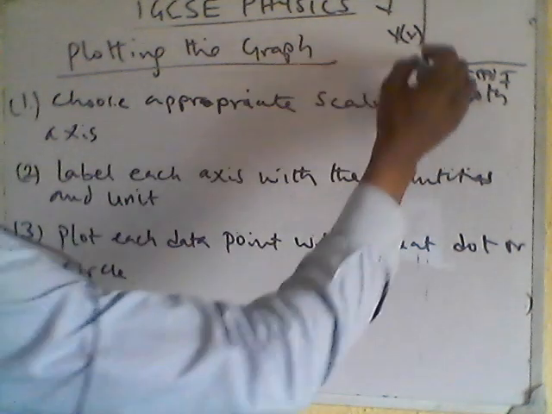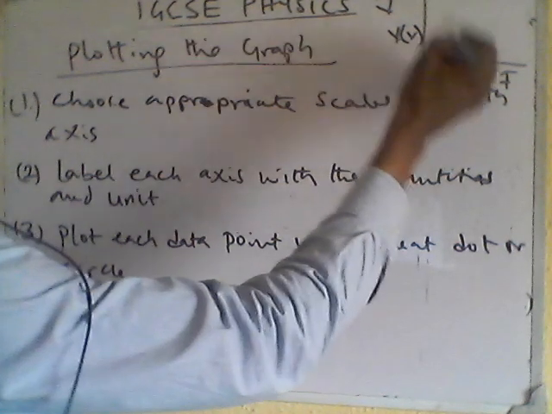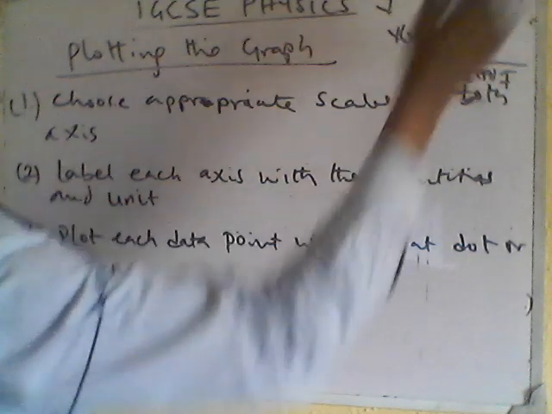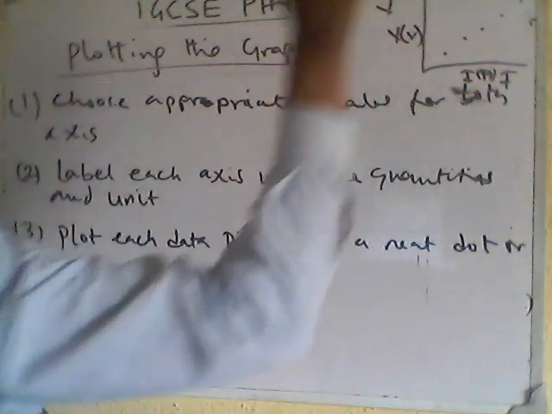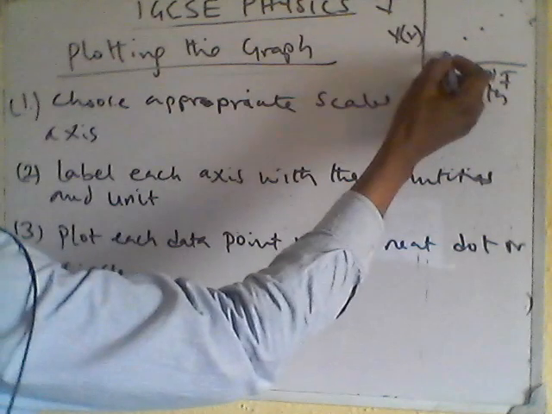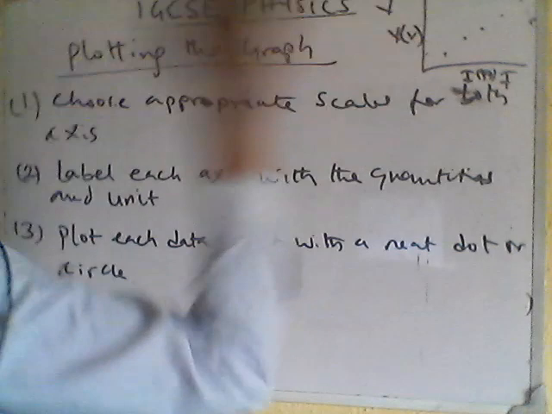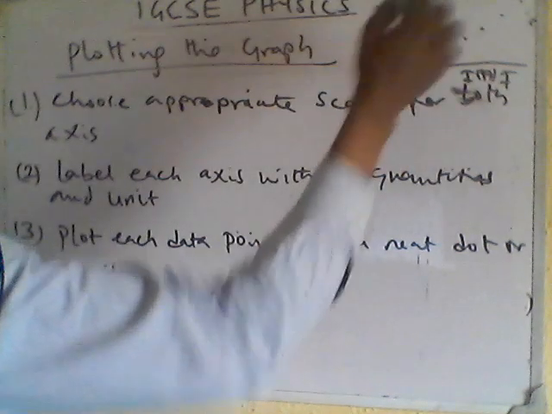If, for instance, I read a value here, I put a dot. I read another value, I put a dot, dot, dot. These dots are what I'm going to join to form my straight line graph. And each dot has two references: a reference on the x-axis and a reference on the y-axis. You understand?